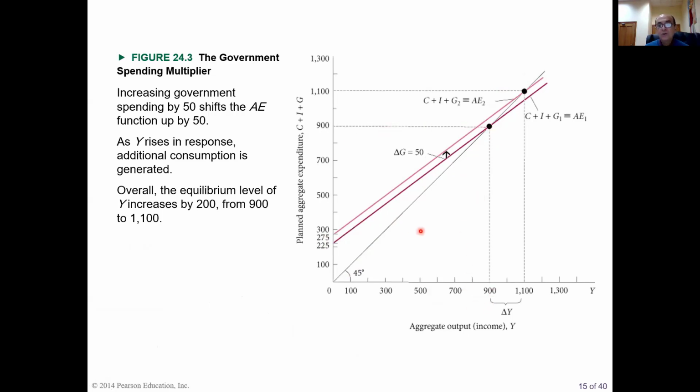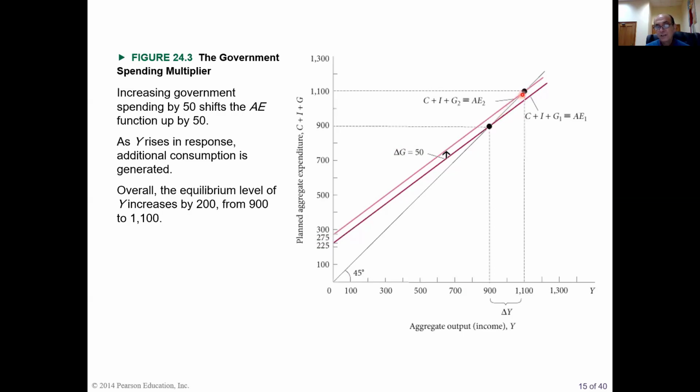If we increase the government expenditure by 50, change in government expenditure equals 50. In this situation, of course, the aggregate expenditure function shifts up, starting from 275. The difference between 225 and 275 is the change in government expenditure, and we will get a new equilibrium point.